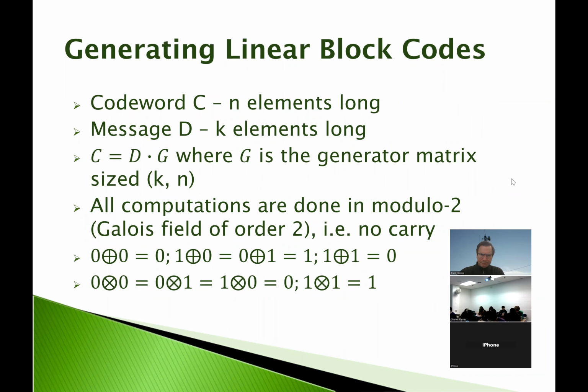So let's get mathematical here. We'll have a code word C, and it's going to be n elements long. Our message coming in is going to be k elements long. So we're going to packetize these things coming in, kind of like we do with mapping from bits to symbols in our modulation.